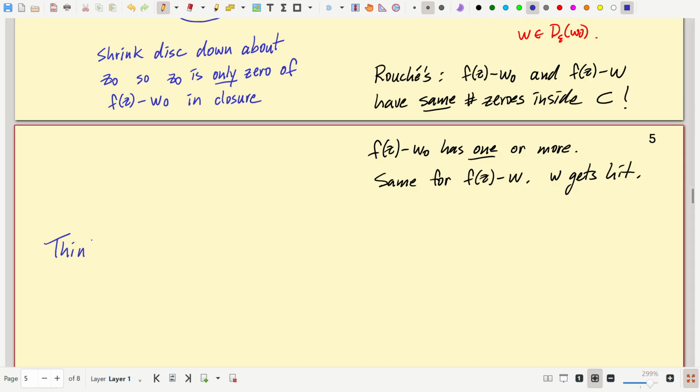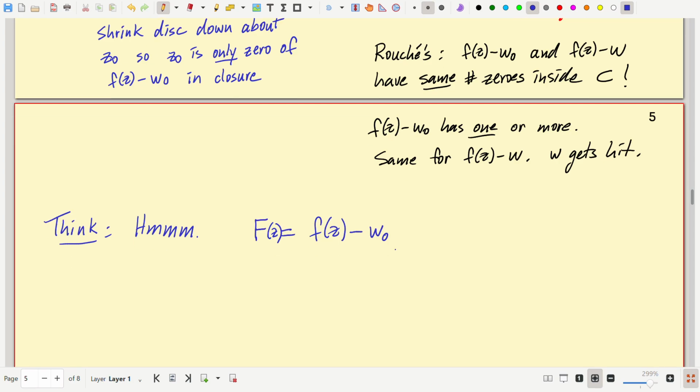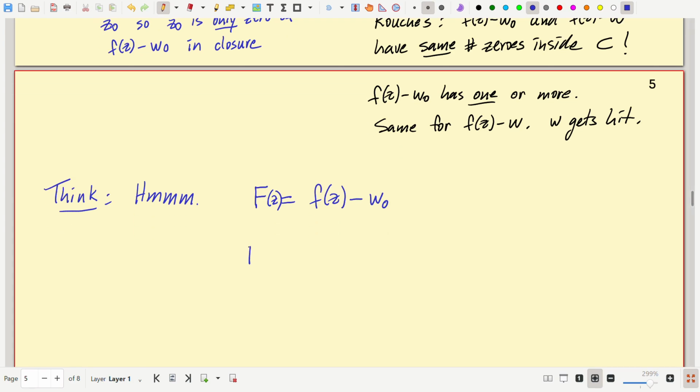If you've already used your f and you need a different f, what do you do? You use a capital F. It's going to be the one we know, capital F of z is going to be f of z minus w naught. And then F plus H is going to be the other one. So F of z plus the H is going to be the other function, which is f of z minus w.